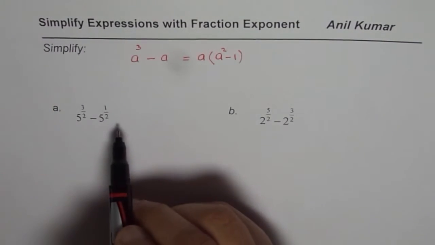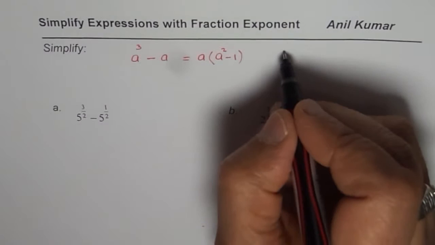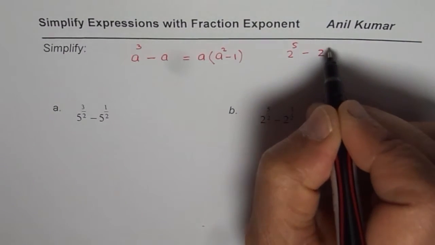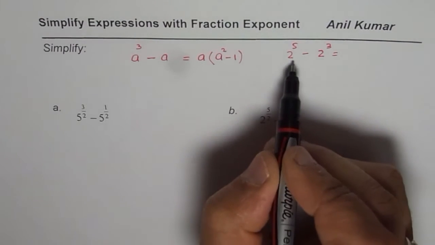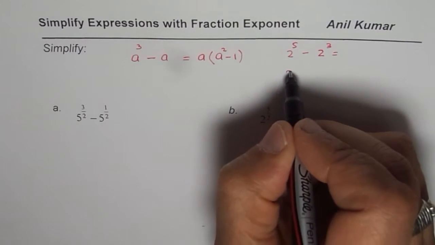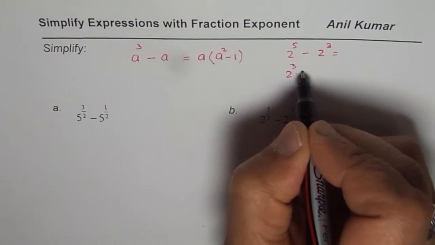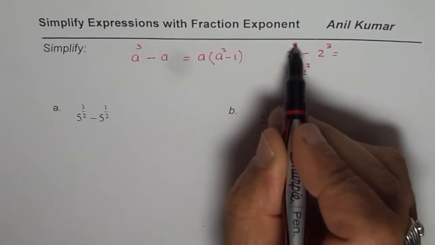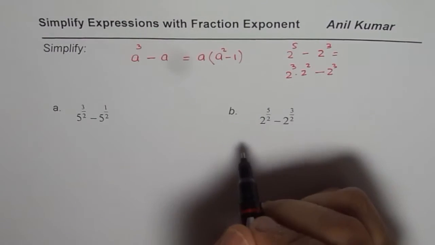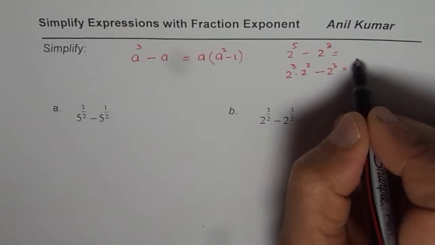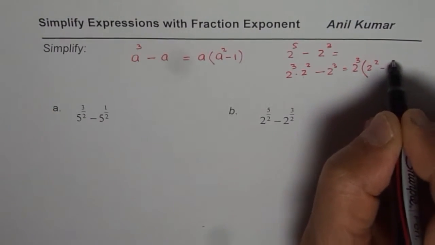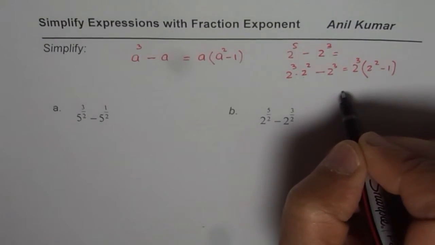So if you have, let us say, 2 to the power of 5 minus 2 to the power of 3, in that case, 2 to the power of 3 is common. You could write this as 2 to the power of 3 times 2 to the power of 2. When you add the exponents, you get 5, minus 2 to the power of 3. Now 2 to the power of 3 is common, so you will take it common, and you're left with 2 squared minus 1, or 4 minus 1, then it can be simplified easily.